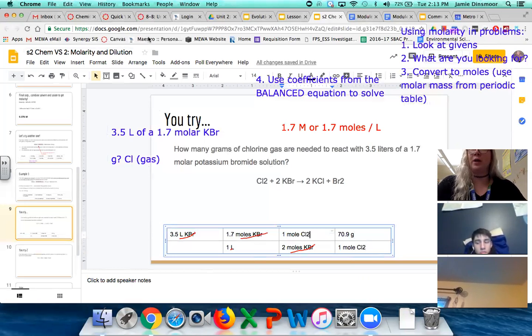So now all our moles will cancel, and we're left with grams. And that's what we want. And we're left with grams of chlorine. I should write the Cl2 there. So now we just do the multiplying. We do 3.5 times 1.7 times 70.9, and we divide that by 2.